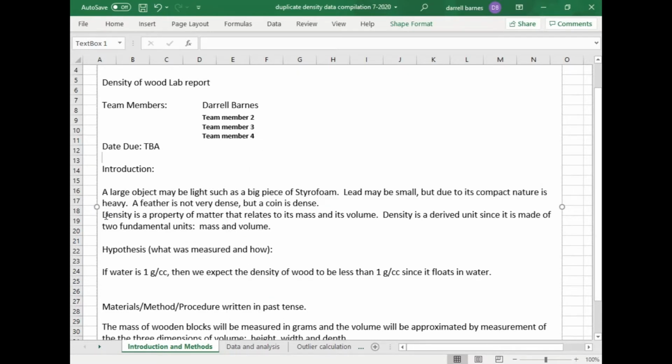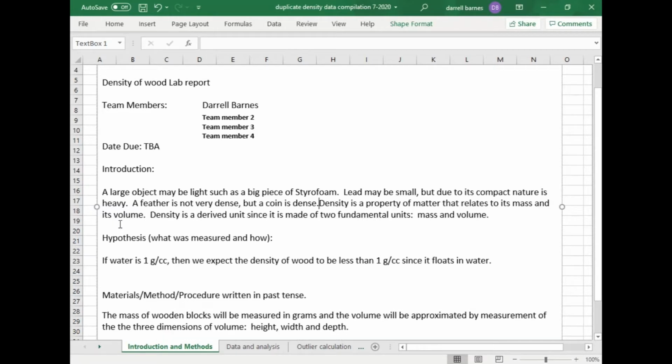Since we're doing a density study, I thought a little bit more practical background information would be good. A large object may be light, such as a big piece of styrofoam. Lead may be small, but due to its compact nature is heavy. A feather is not very dense, but a coin is dense. And then I went on to elaborate from what we did last time. What is density?